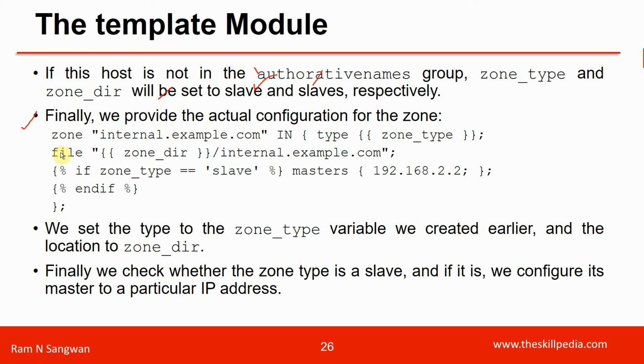Finally, we provide the actual configuration for the zone internal.example.com, and here we are using this part in the template. Whatever is template, this is also template. We set the type to the zone type variable we created earlier and the location to zone directory. Finally, we check whether the zone type is slave, and if it is, we configure its master to a particular IP address.